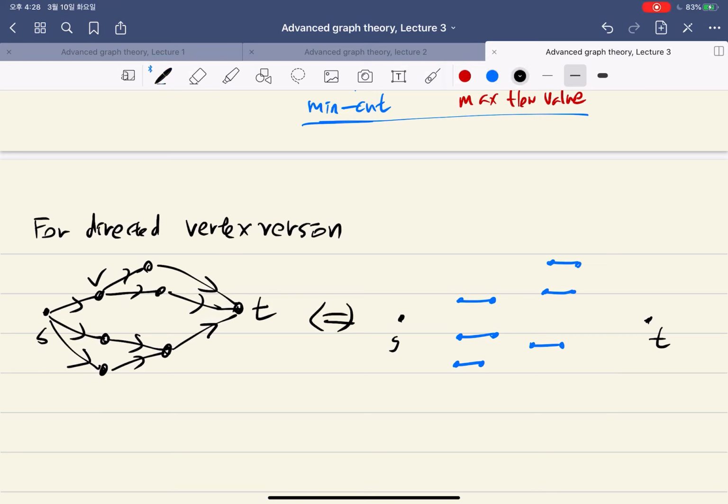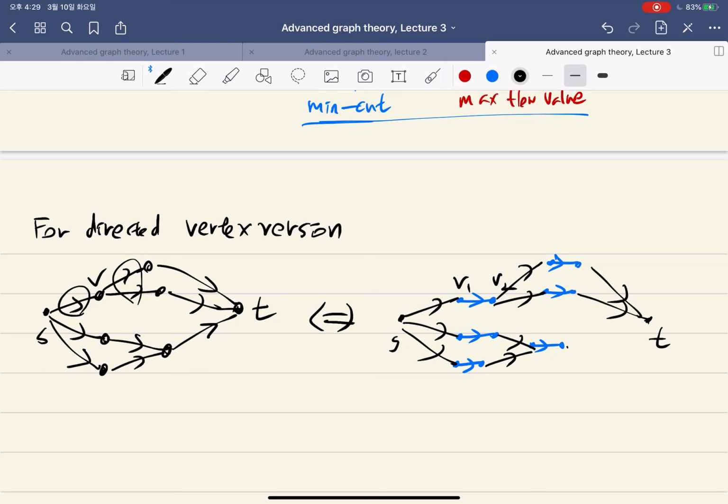So this V is now split into V1 and V2. And in these two, this is actually a directed edge. And then any incoming edge of V, we add it here, and all outgoing edges of V, we add to V2. Then you get this new directed graph.